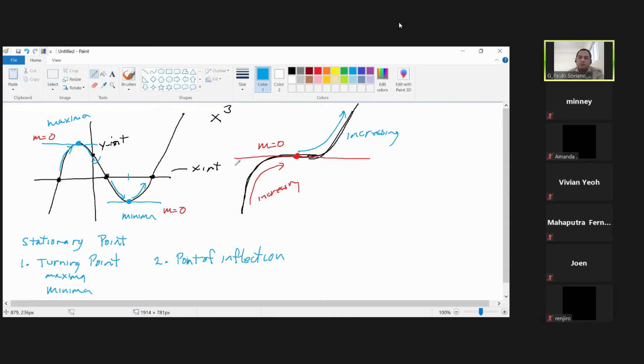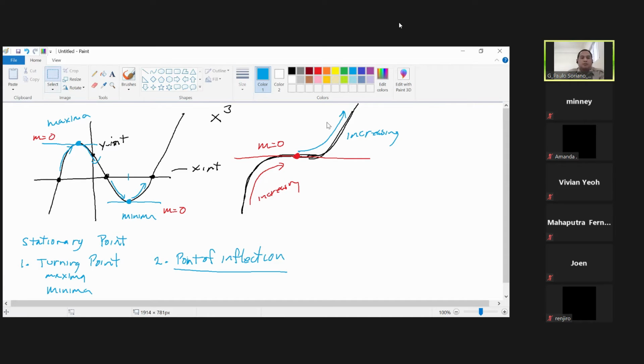So when you use your first derivative test and you see this behavior of the graph from the left side and the right side of this point, then you will say that it is not a turning point. However, it is now called a point of inflection. So these are now the things that we need to apply in order for us to be able to understand the movement of points in a certain function.